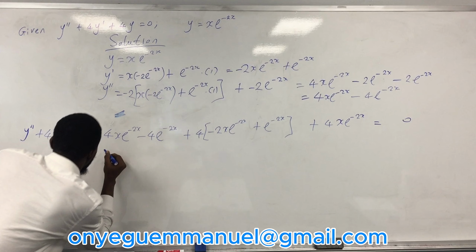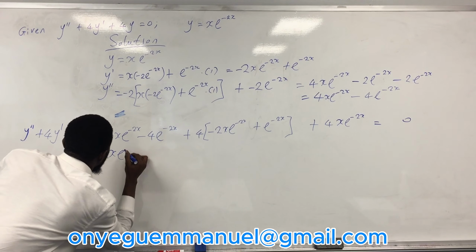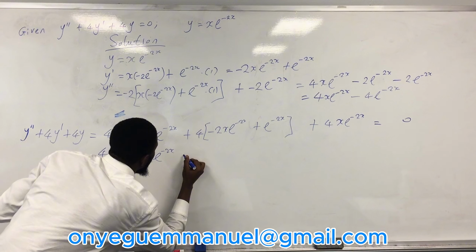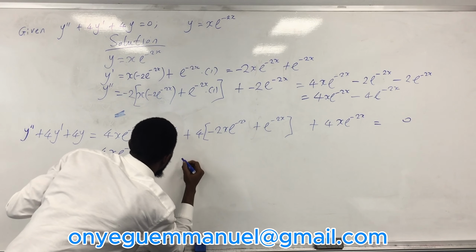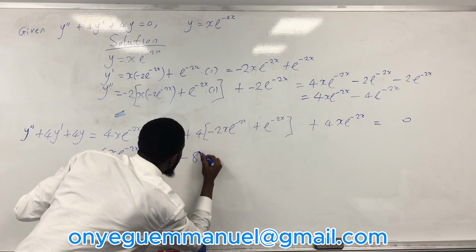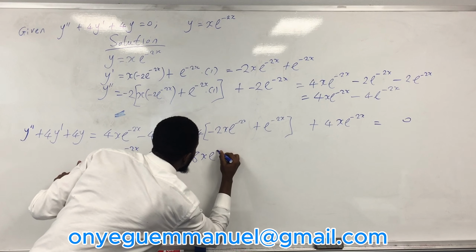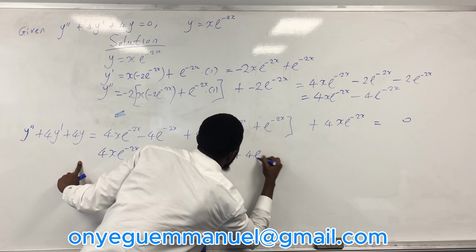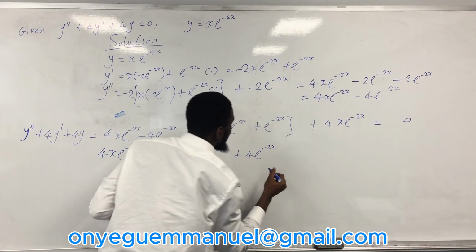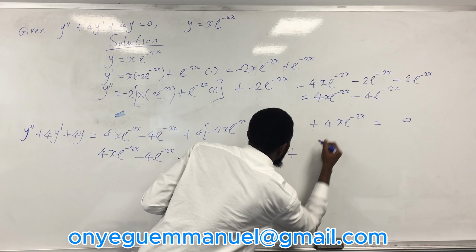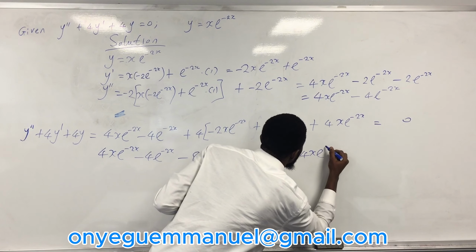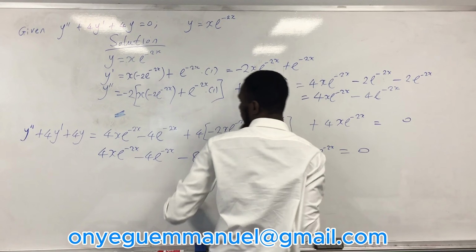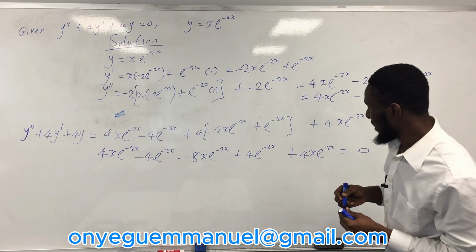We have 4x exponential minus 2x minus 4 exponential minus 2x minus 8x exponential minus 2x plus 4 exponential minus 2x plus 4x exponential minus 2x equal to 0.